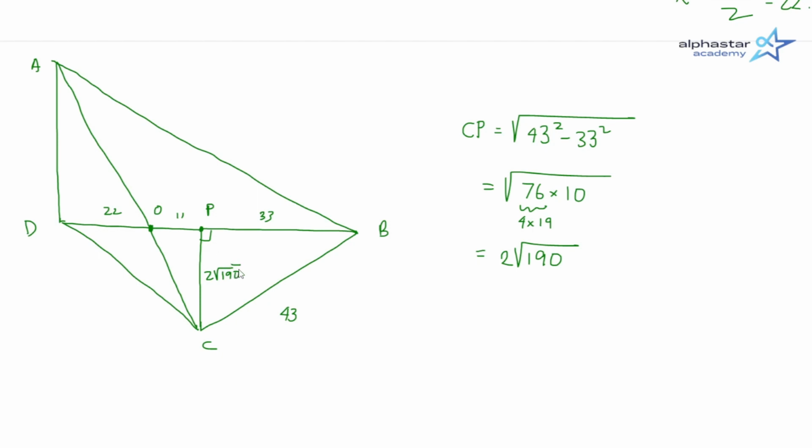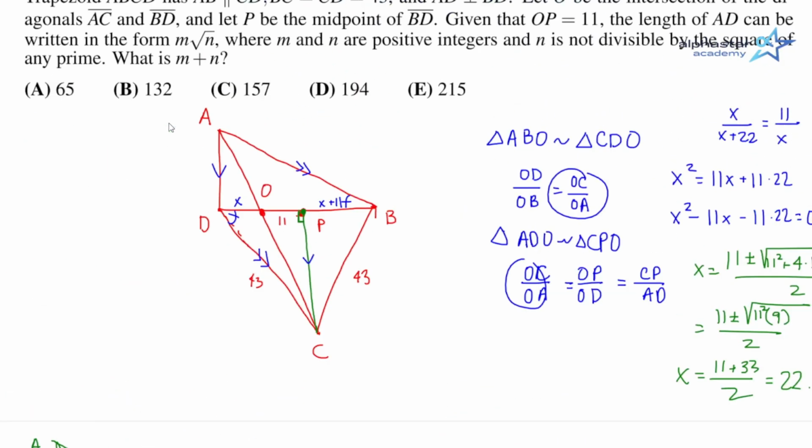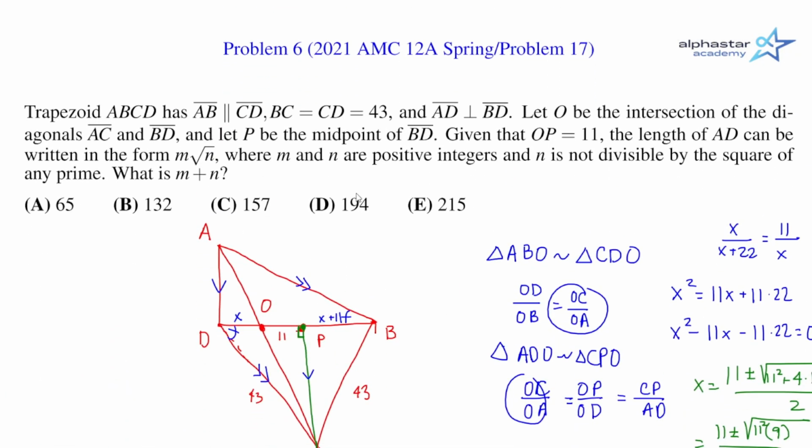It follows from similar triangles, this one and this one, since they're in the ratio 2 to 1, that AD must equal double that, or 4 root 190. So if it can be written as m root n, with 4 and 190, then m plus n must be 194. Final answer.